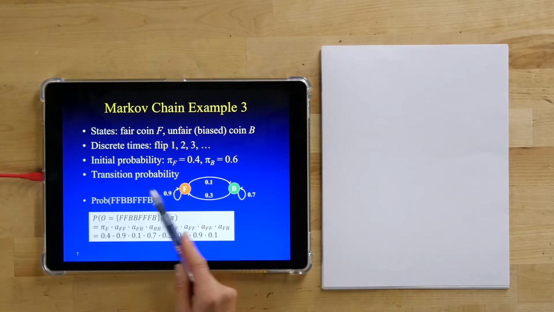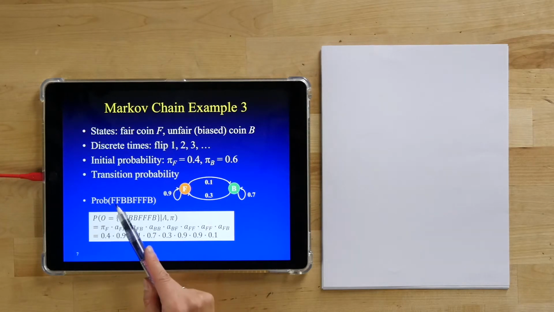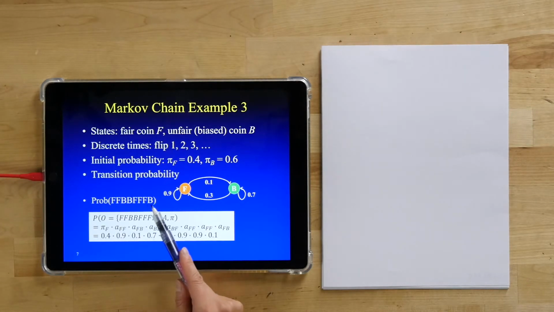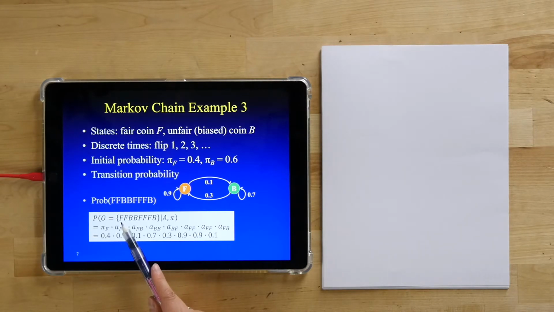And so given the transition probability, we can now ask, what is the probability that we're going to see the following string of coin flips, given the transition probability and the initial probability? So here, how do we calculate that probability? First we have to pick a fair coin in the first place, and then from there we'll go fair to fair, fair to biased, biased to biased, biased to fair, fair to fair, fair to fair, and fair to biased.